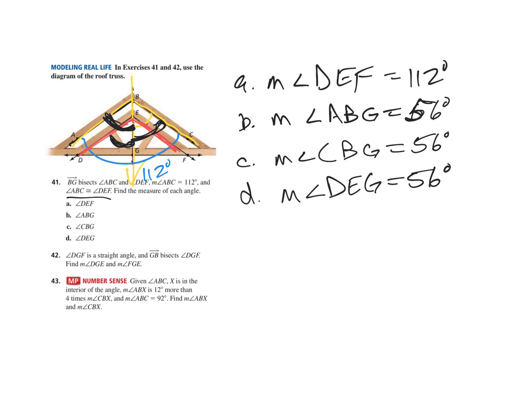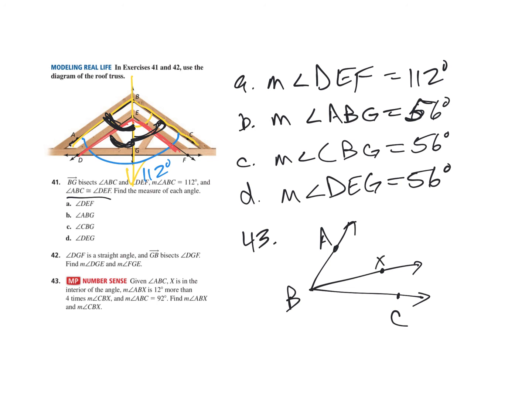So let's take a look at 43. Given angle ABC, so we're just going to draw ABC here. A, B, and C. X is in the interior of the angle. So not necessarily a bisector. So X is right here. It's inside ABC.